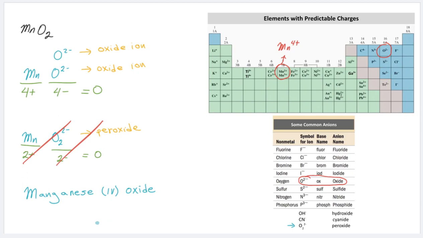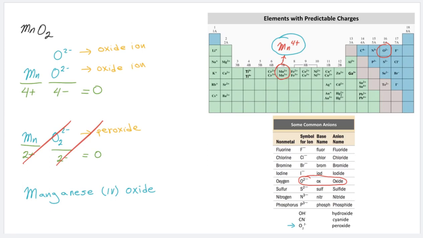So manganese 4 oxide. By the way, if you're wondering how I know this, there are other tables that give you more information about the charges for these transition metals, and it has been found that manganese also can be +4, and even up to +7. Okay, all right. So this is a good example.